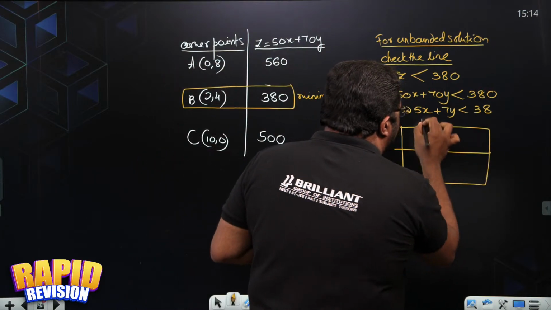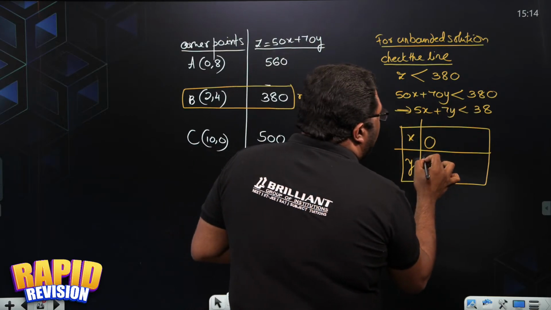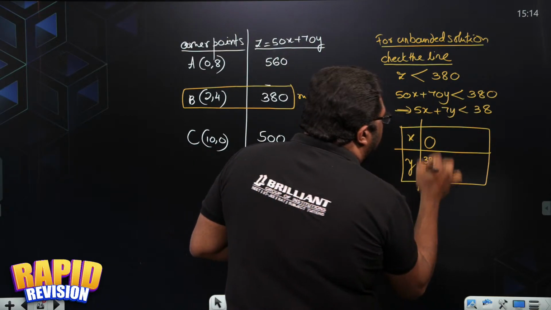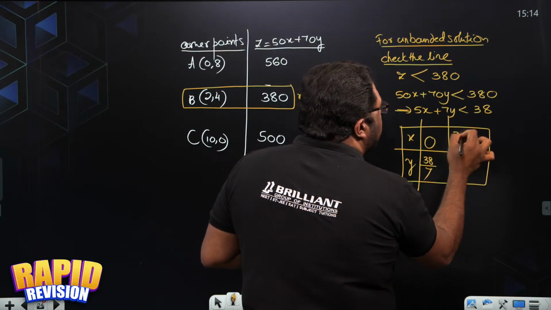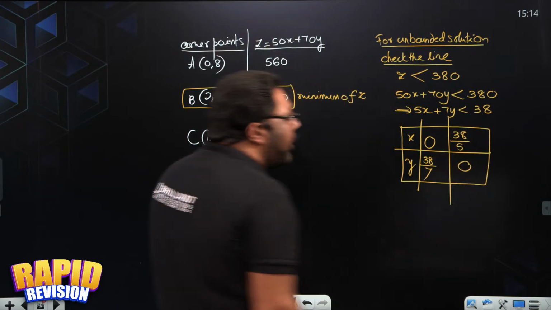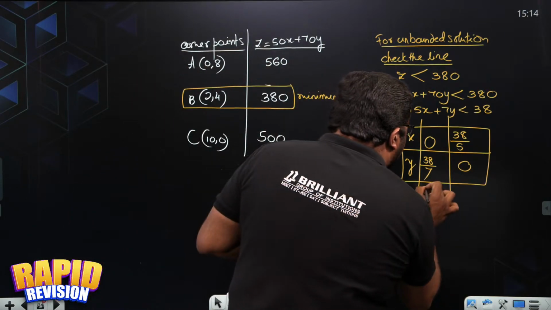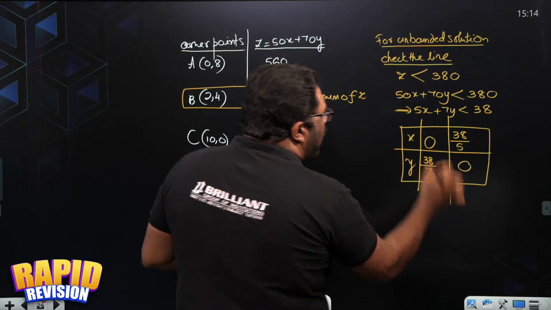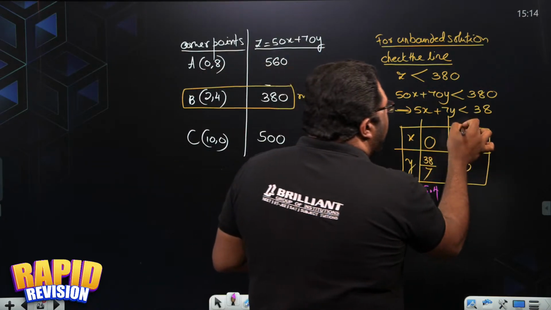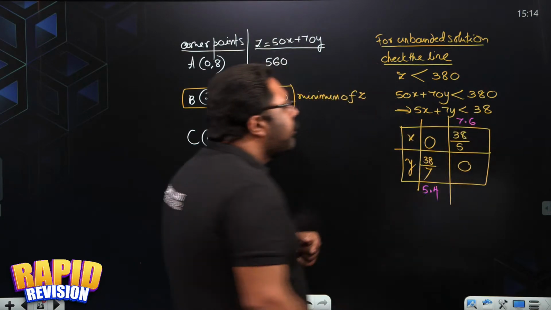I'm drawing the new line now. Put x equal to 0, then y is 38 by 7. If I put y equal to 0, x is 38 by 5. 38 by 7 is 5.4 something, and 38 by 5 is 7.6.